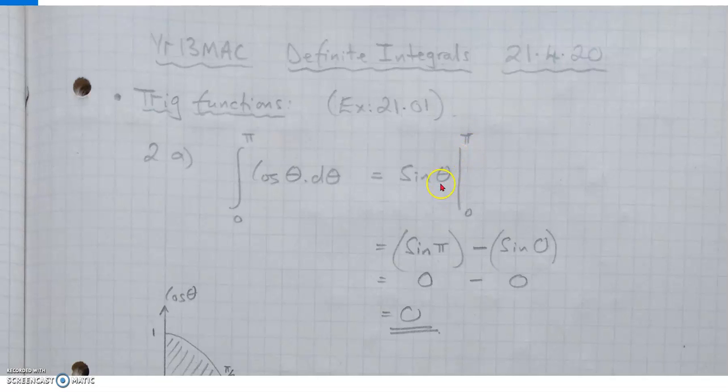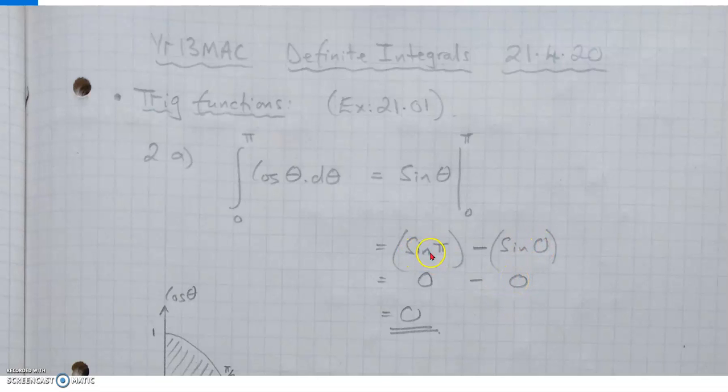So we're going to be putting in sine pi, and then that all-important minus sign, minus sine of 0. That's the 0 there instead of the theta. Well, you should know from the basic graph of sine that the sine of 0 degrees or 0 radians is 0.